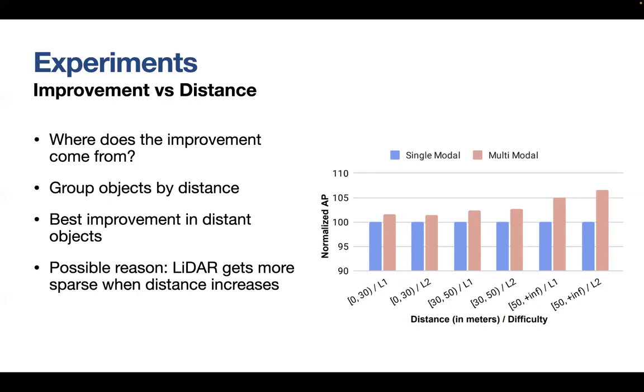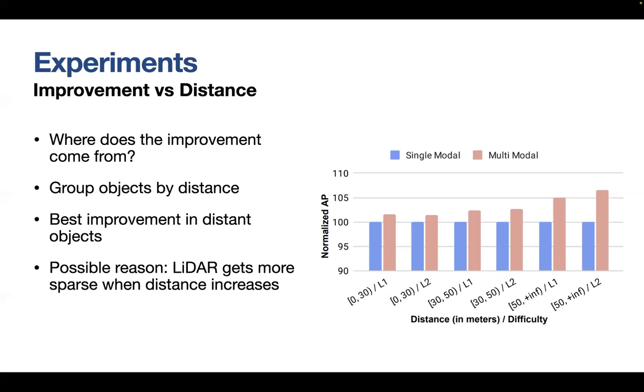On the right-hand side, we see the figure for three different groups: 0 to 30 meters, 30 to 50 meters, and 50 meters to infinity. We have level 1 and level 2 difficulties of the single model and then the multi-modal architectures. And we see that as the distance increases, the difference between the performances also increases.